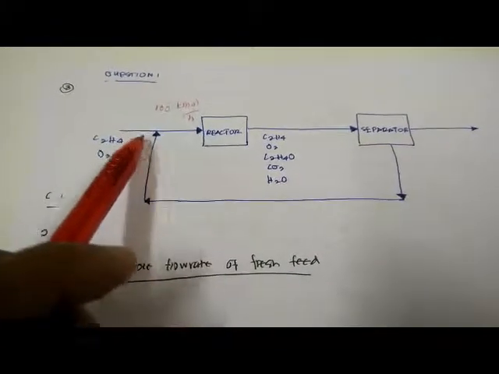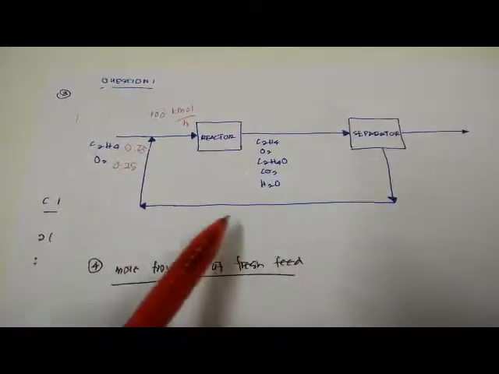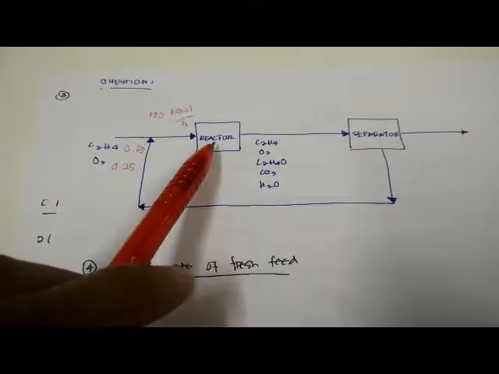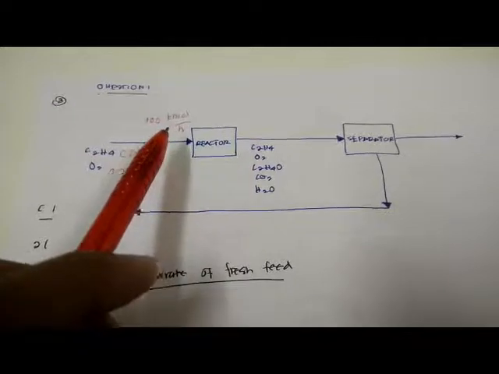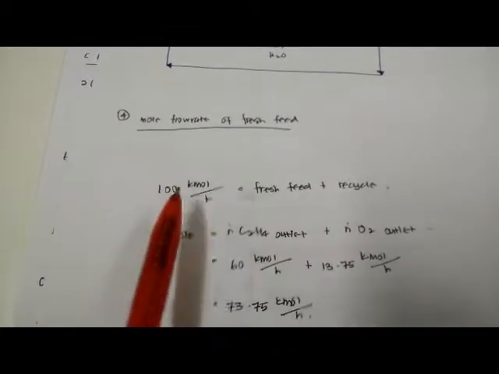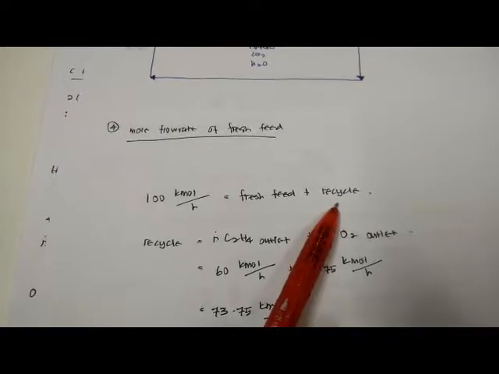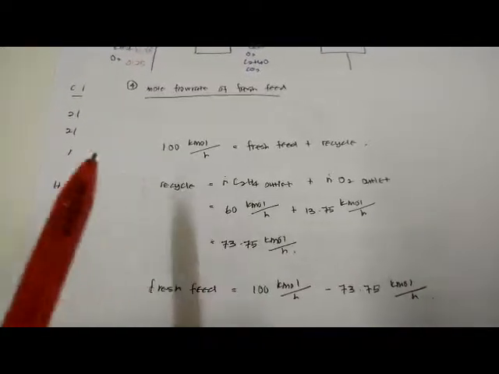Here we have a mixture that mixes fresh feed with the recycle. So the mole flow rate of the mixture to the reactor is 100 kmol per hour, which means 100 kmol per hour is equal to fresh feed plus recycle. So to find the fresh feed, we need to calculate the recycle first.